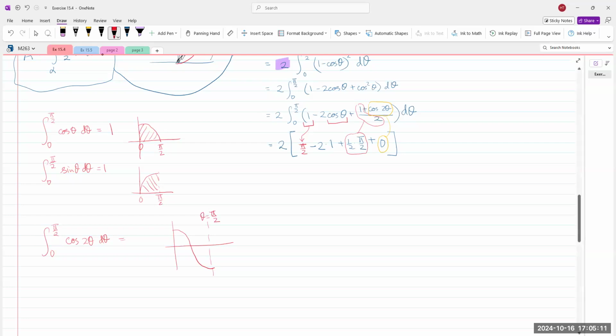Now, the area under the curve cancels out.